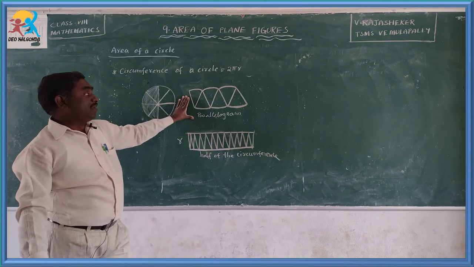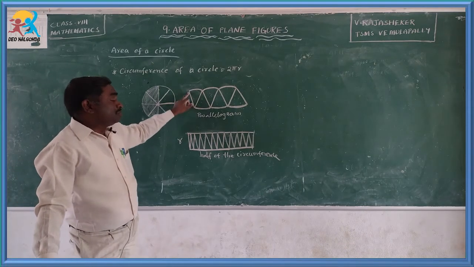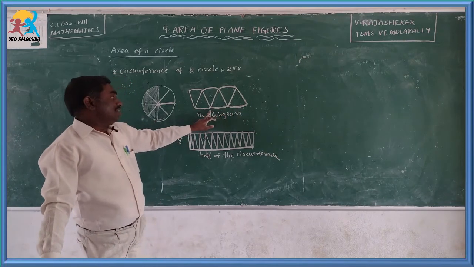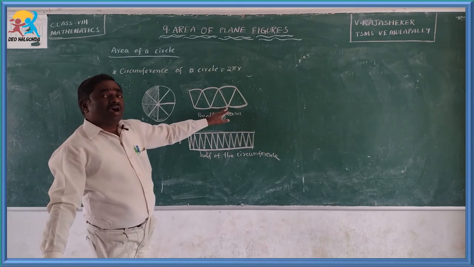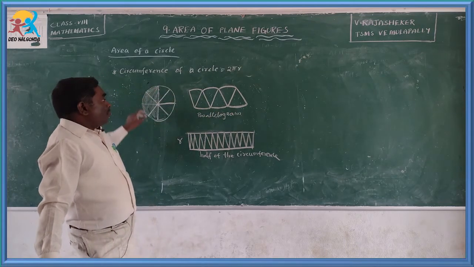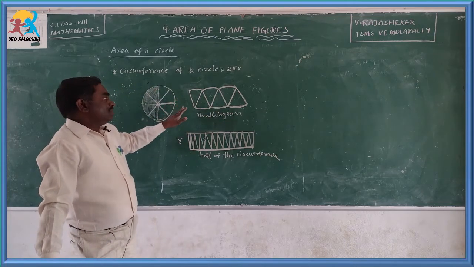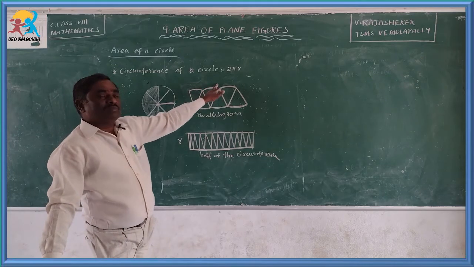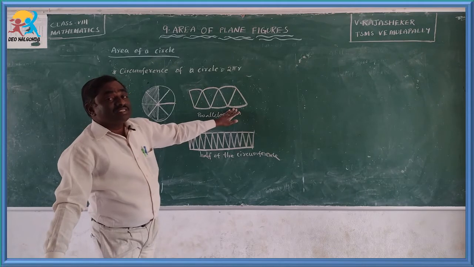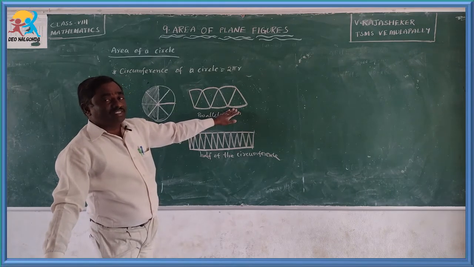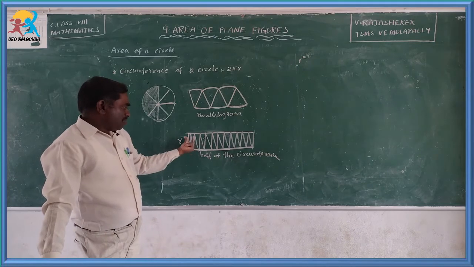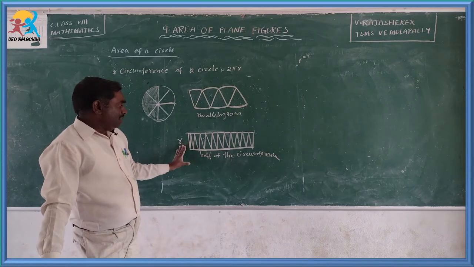This part we know as a radius, and this part we will get as half of the circumference. So this whole part is a circumference, no? Half is going upside and half is going downside, and the base will be half of the circumference. Now if we make it into smaller parts, then what do we get?